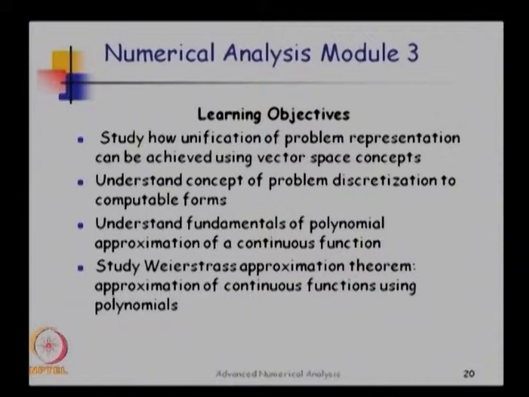Okay, there is a fundamental theorem in approximation theory called as Weierstrass approximation theorem, and this lays the foundation of all the problem discretization methods that are used in numerical analysis. Okay. So this particular theorem states that any continuous function over a finite domain can be approximated with arbitrary degree of accuracy using a set of polynomials.